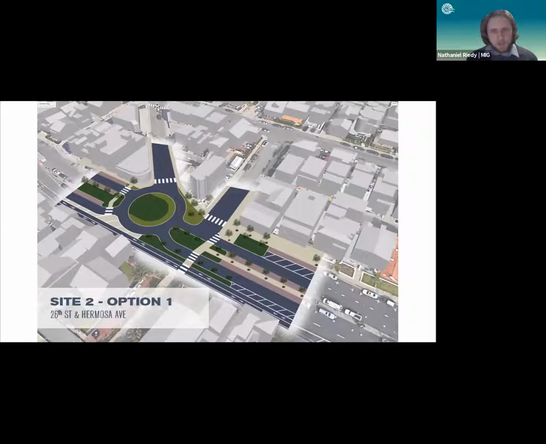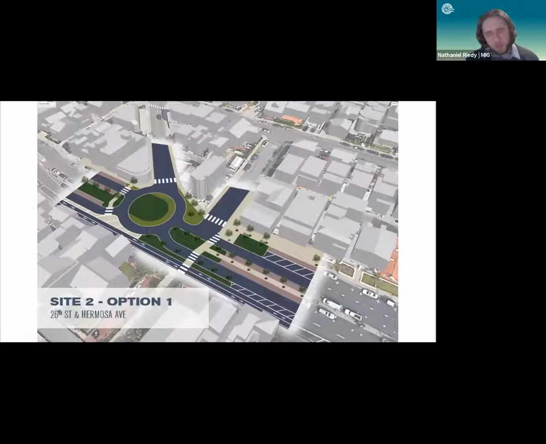The other thing that's common between all three of these alternatives is that it would allow space on the west side of the street to continue the 2-way cycle track that's existing north and south of here. So it connects those two pieces. With the traffic circle option, it would be yield sign controlled.